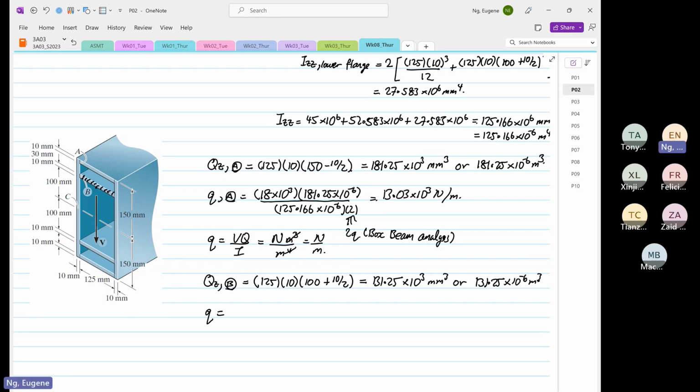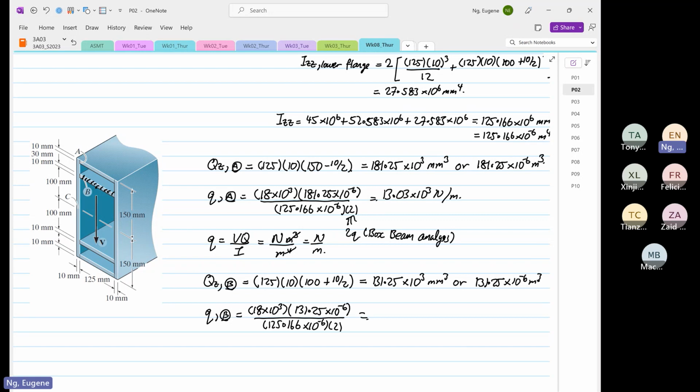So Q over here at point B now. V is the same. The first moment of area changes, it's 131 now, and then divide by I, which is the same, and then Q is left and right, so divide by 2.